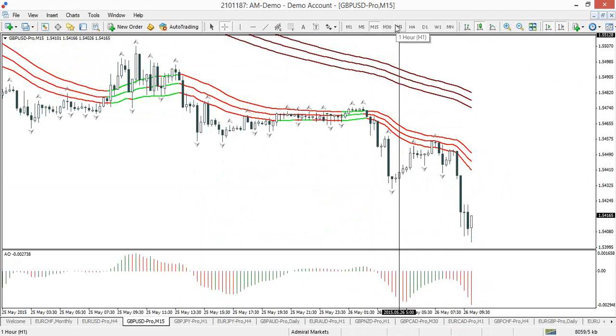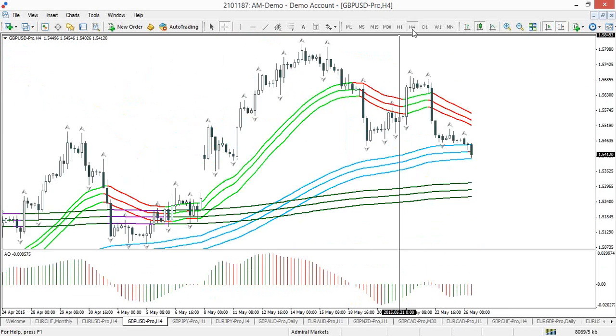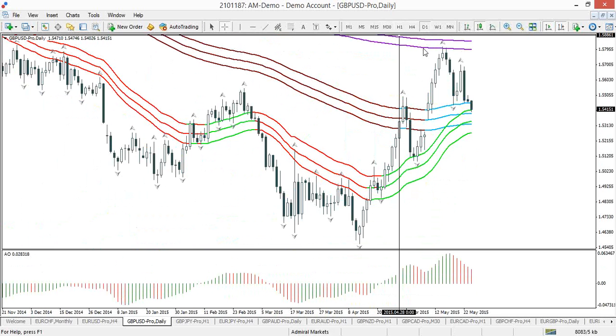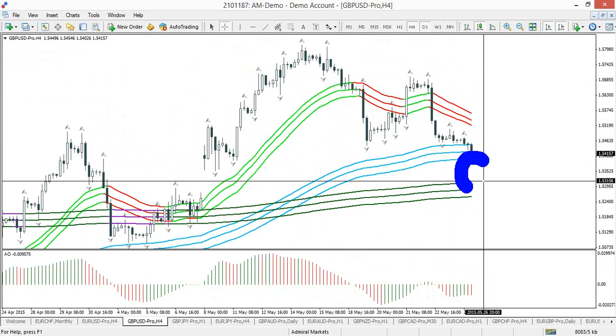So same like the Eurodollar. The breakout trade on the lower time frame has happened. And the reversal trade on the hourly and 4-hour has happened. And on the daily, we are potentially in a bouncing spot. The only reversal trade left is this one here.